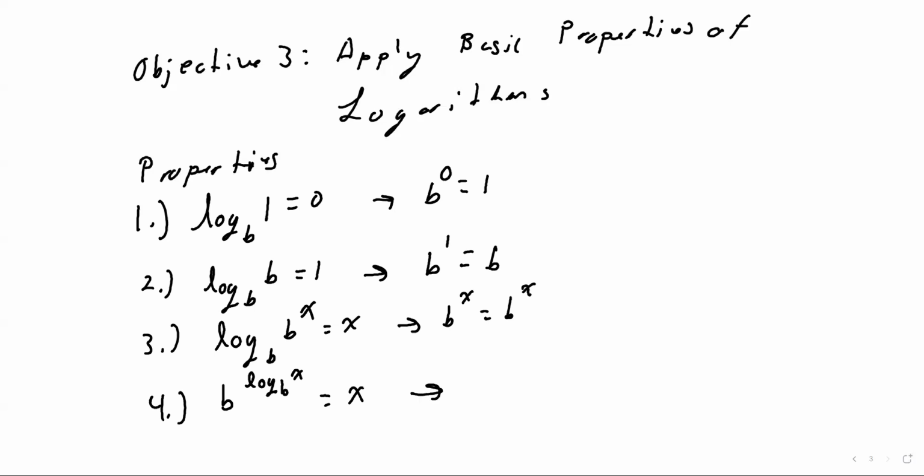To write this out in logarithmic form, this would be log, my base was b, of my x value would equal what it's being raised to, which is that. So anytime that you have a number raised to a log with the same base, it's just going to be this guy. Basically, those will cancel. You're left with that.